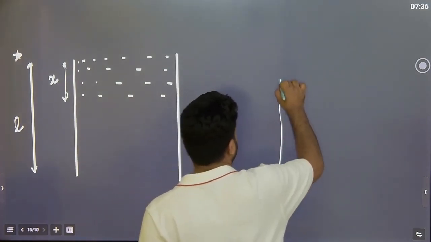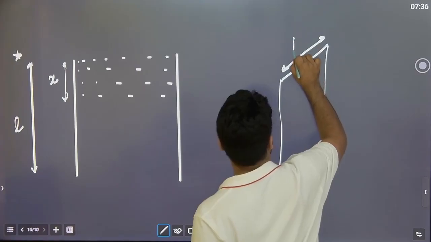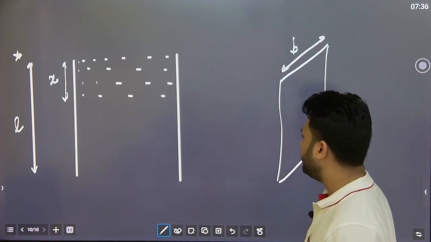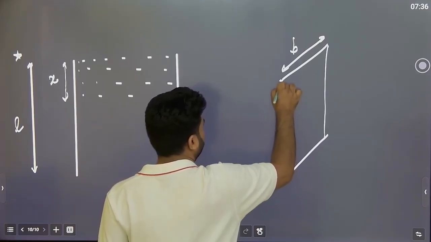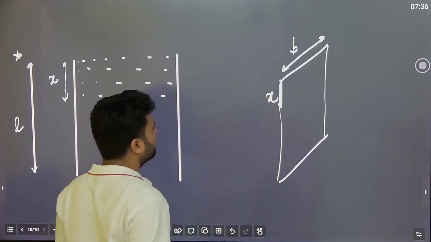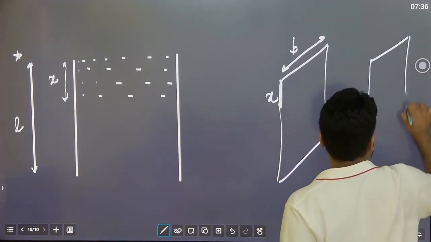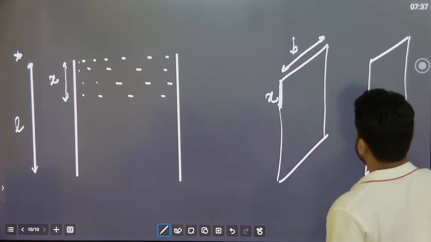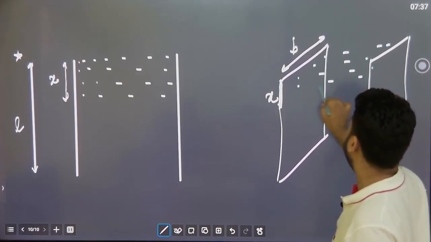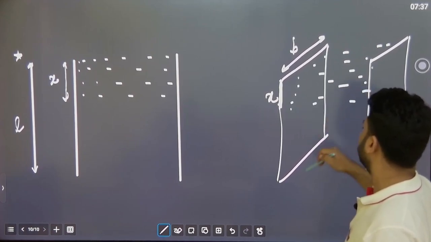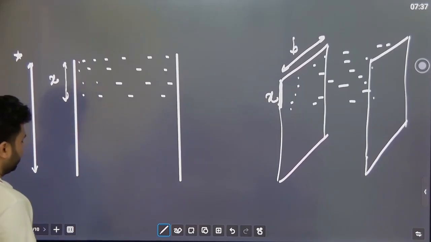Width of the plate means suppose this plate is like this. So width of the plate, suppose B. Understood what I am saying? Till here this length is x. And they have filled dielectric here till x. Downward there is nothing. They will ask what is the C equivalent of the system.